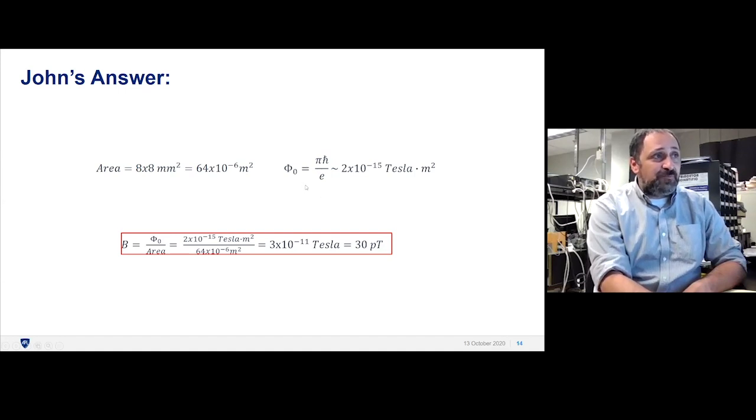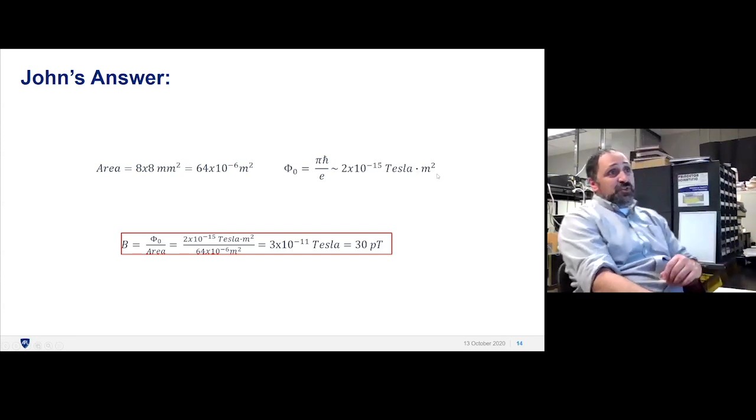That's why our definition of the volt is actually defined using a Josephson junction, because that response is based off fundamental constants. So that's 2 times 10 to the minus 15 Tesla times meter squared.